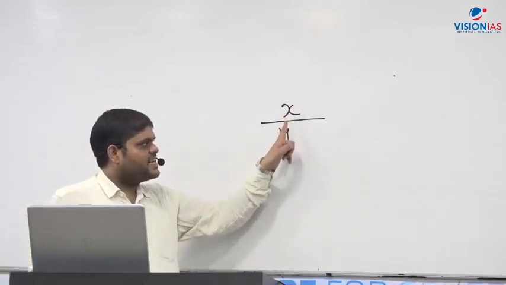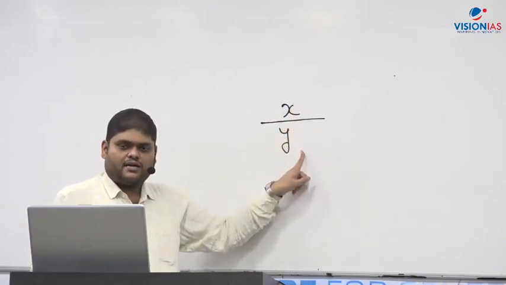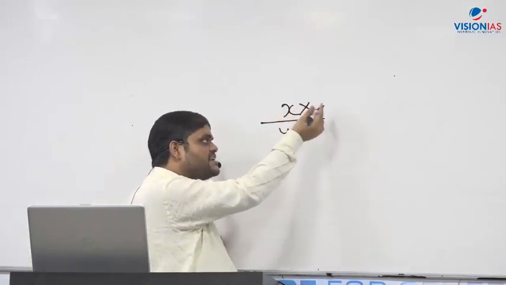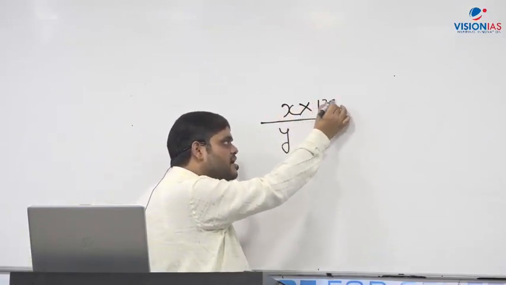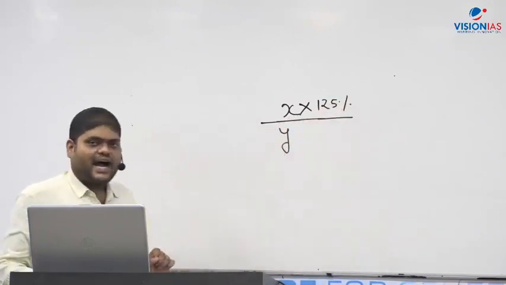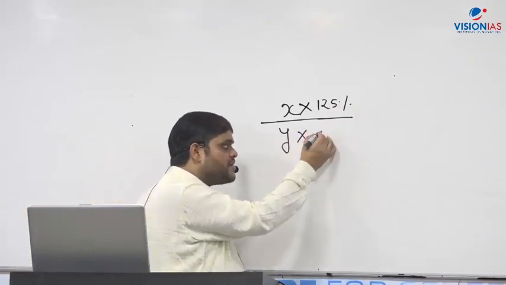Now any fraction will be in this form, x upon y. The question is saying that the numerator is increased by 25%. That means this becomes 125%. And the denominator is decreased by 25%.